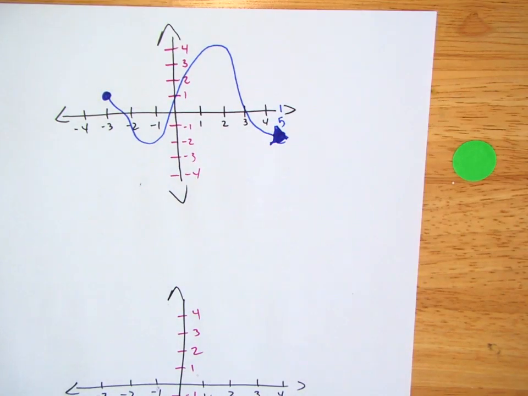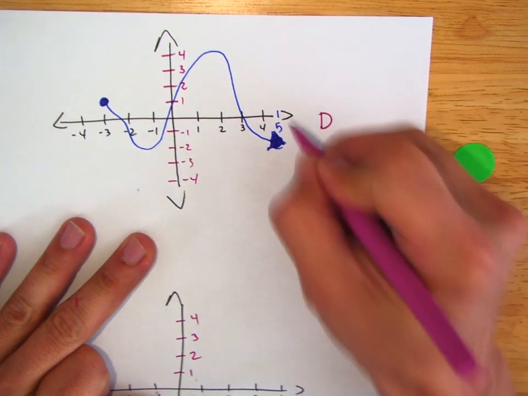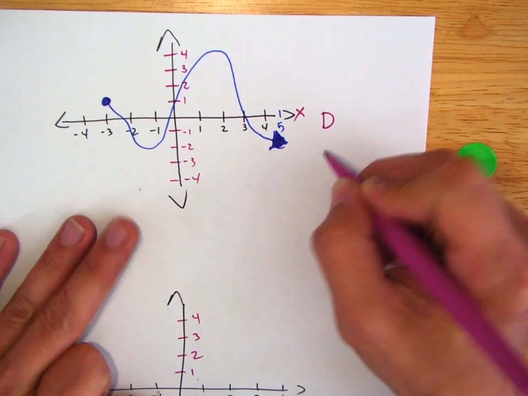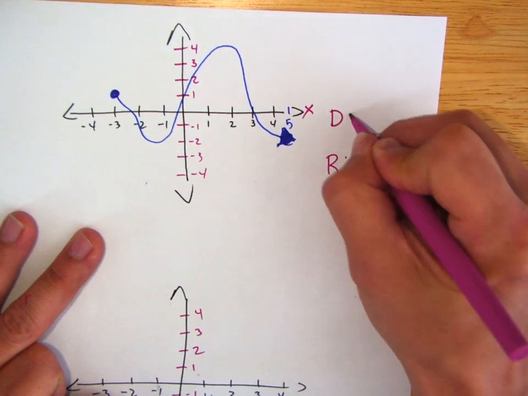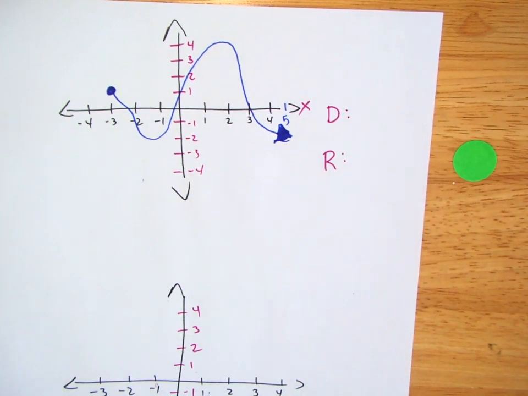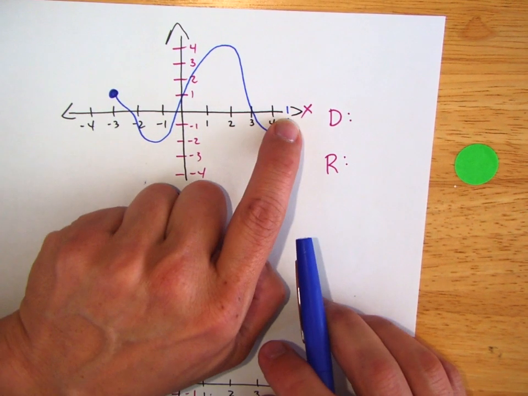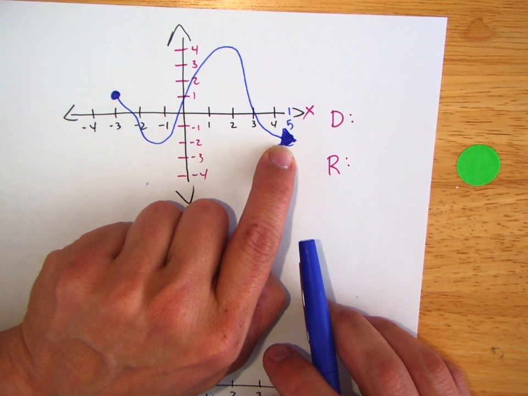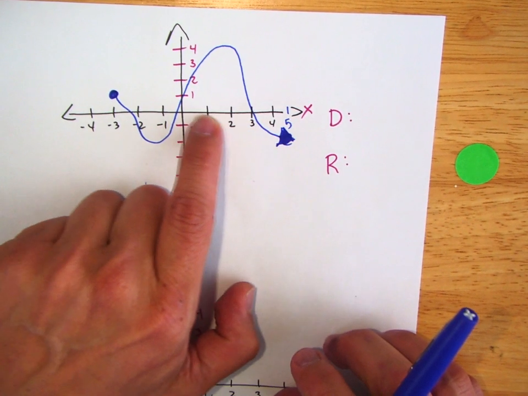All right, so now what you want to do is find the domain again. That's your x's, and your range, which is your y. First the x's. So now here we're going to look at the x's, all right? It's a continuous line, so that's going to go on forever. But what other x can we use?